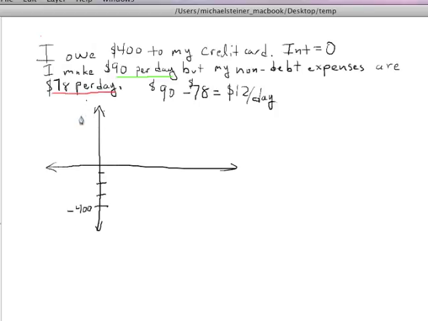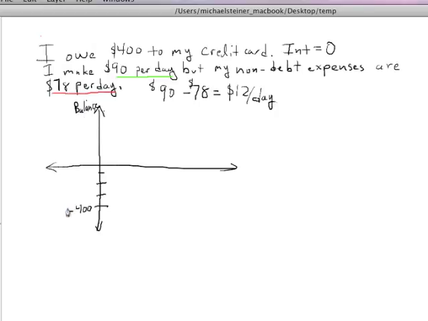So let's just call this, we can't call this debt, right? If I were to write debt up here, that wouldn't make any sense, because to have a negative debt, it's almost like a negative times a negative equals a positive. So you know what I'm going to call this? I'm going to call this our balance, and this is like an account balance.